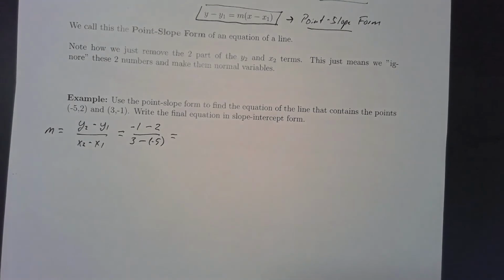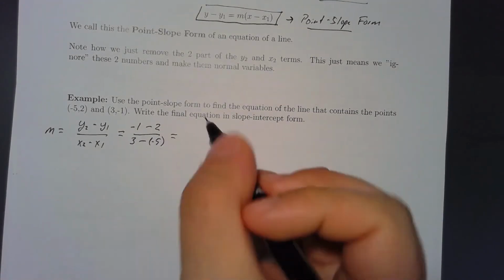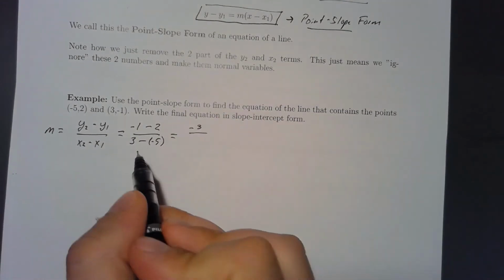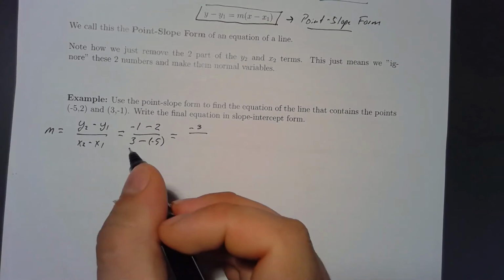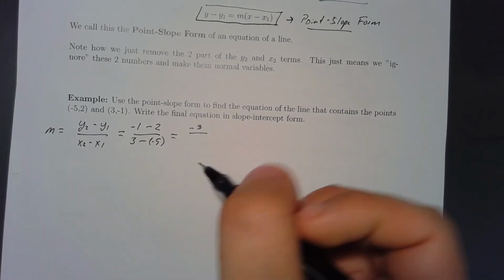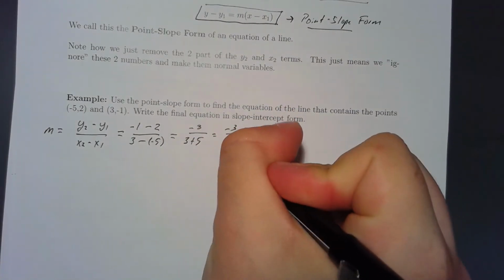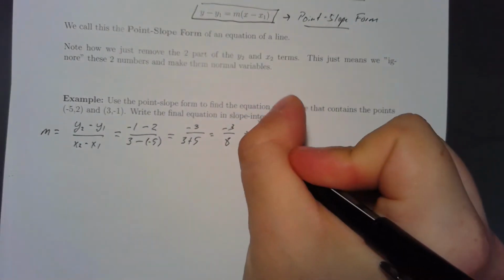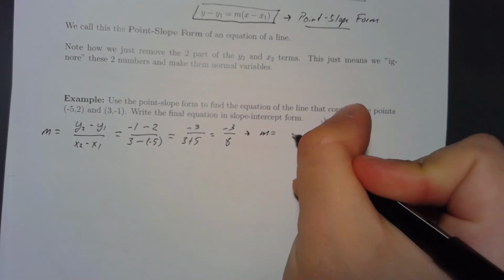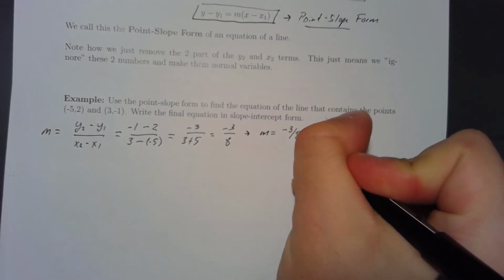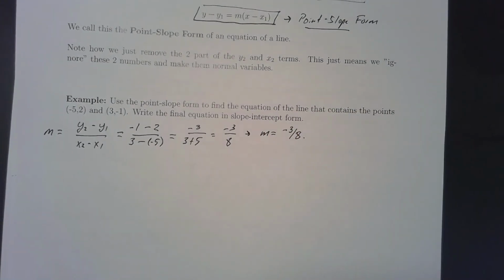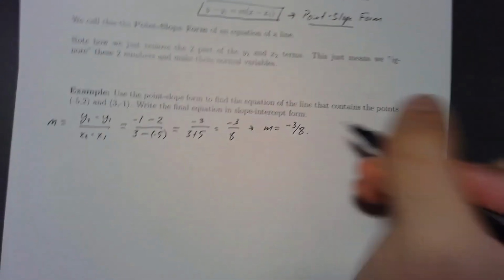So negative 1 minus 2 is negative 3, all over 3 minus negative 5, that becomes 3 plus 5, which is 8. So my slope is negative 3/8.